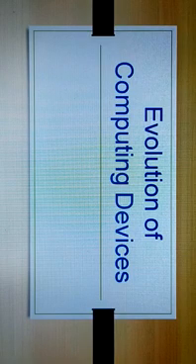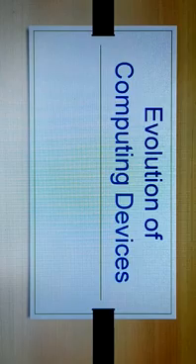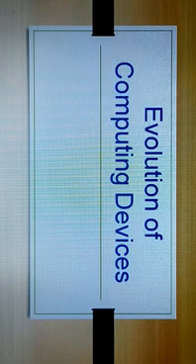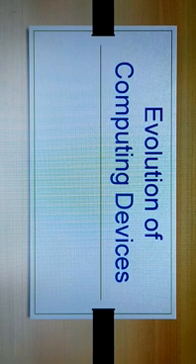After the development of ENIAC, in 1949 another electronic computer was developed, named EDSAC. EDSAC stands for Electronic Delay Storage Automatic Calculator.